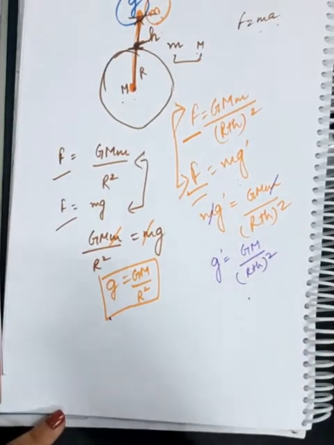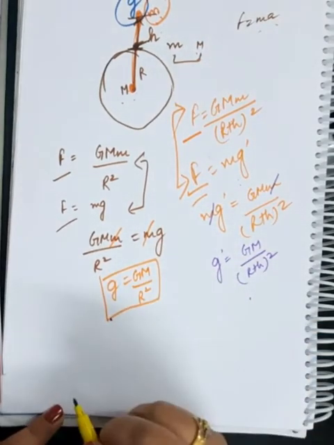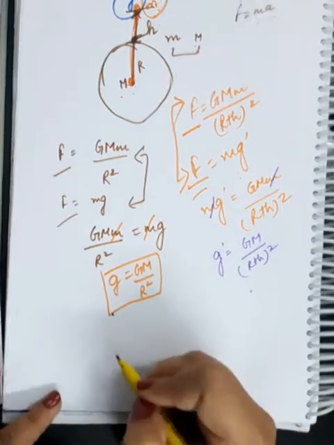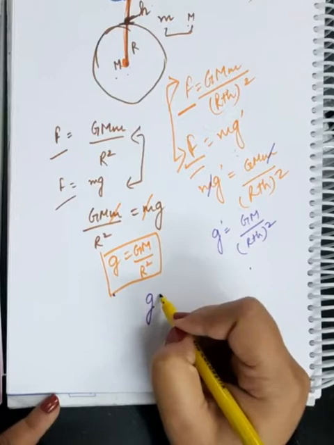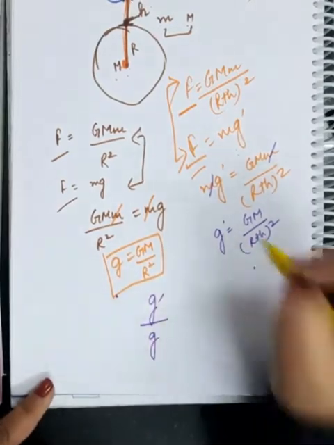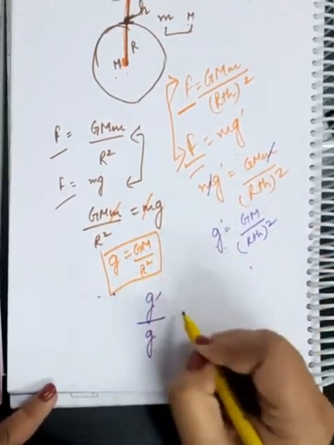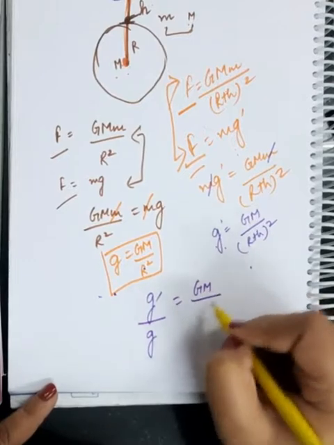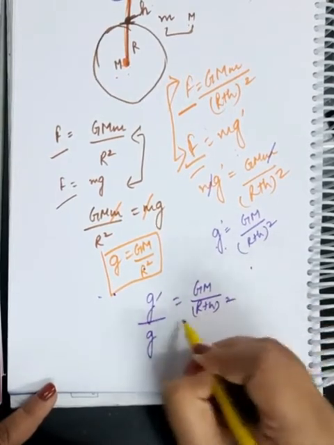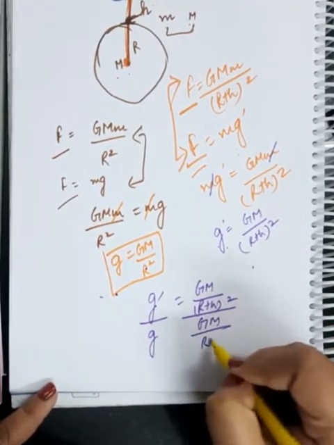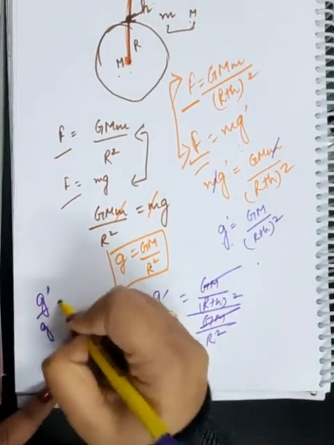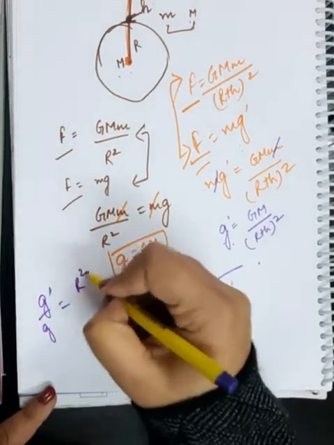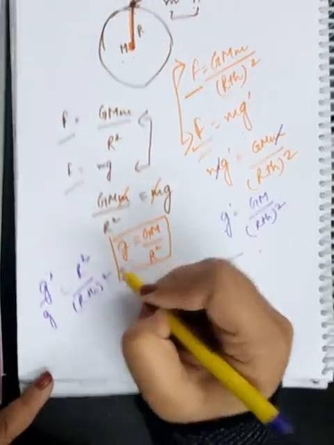After that we have to compare both of them. When you compare both of them, take the ratio g dash upon g. It will become GM upon (R plus h) whole square, divided by GM upon R square. This GM and GM cancel, so g dash upon g becomes R square upon (R plus h) whole square, right?